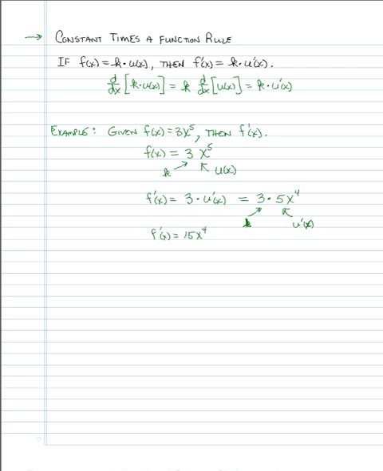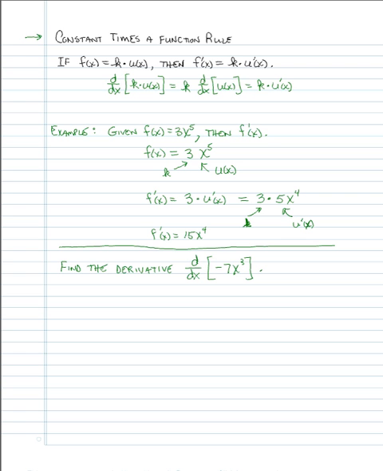Now we can go through another example, and we'll state this one a little differently. Find the derivative asked for by the statement: the derivative of negative 7x cubed with respect to x.